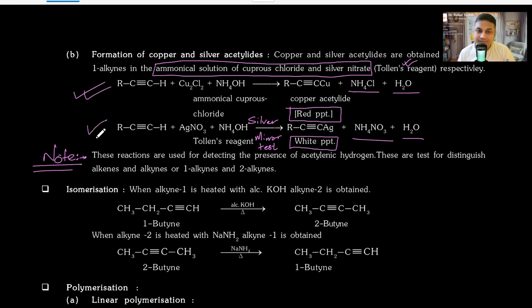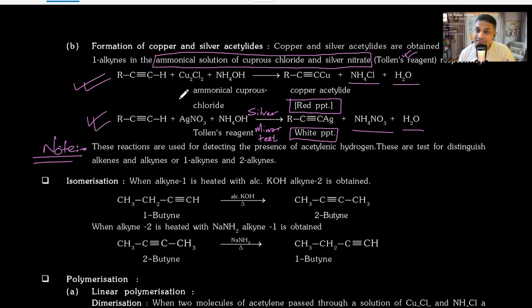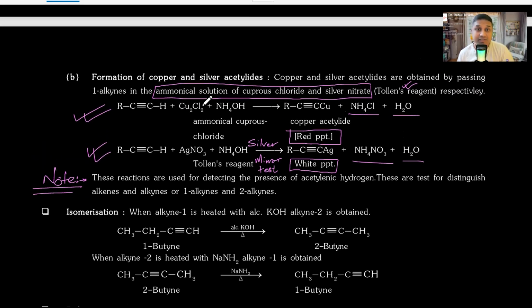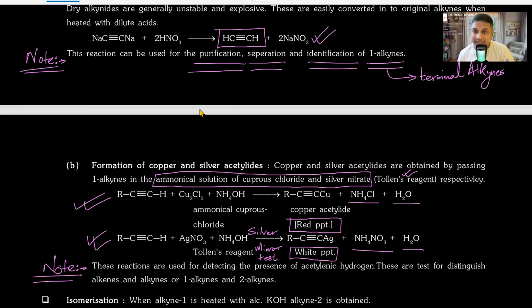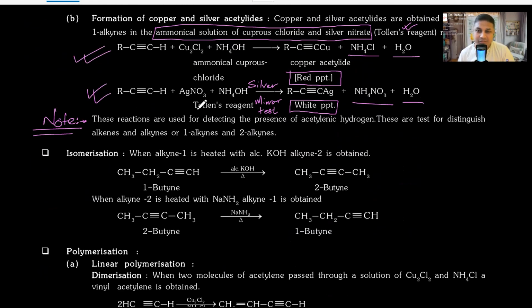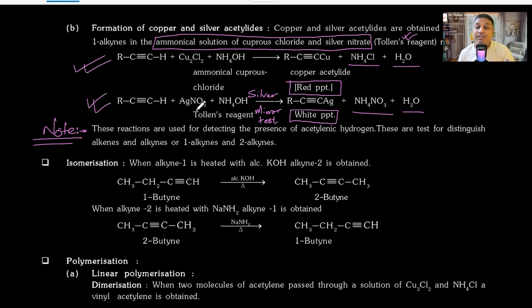Beautiful. Is this clear? If you have to identify whether the triple bond is at the terminal carbon or somewhere in the middle, carry out this reaction. Nice. I mean, not just this, even the above one plays a role there. Make sense? But this one specifically.